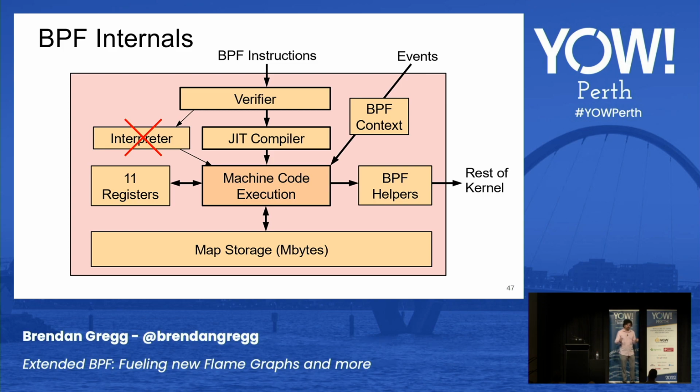There's map storage, and when events fire, you get some context with the event. There used to be an interpreter, but we compiled it out of the kernel. Gone. Everything has to be JIT compiled now. And the reason for that was Spectre and Meltdown. With Spectre and Meltdown, everyone was busy. I was busy doing the performance analysis at Netflix. Everyone was busy changing their code and deploying new versions.